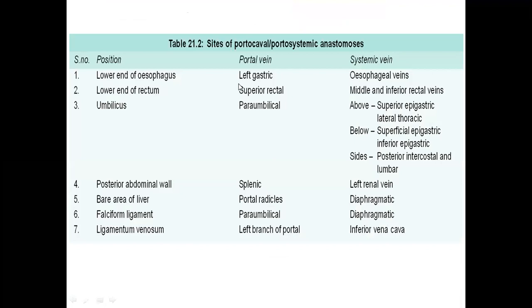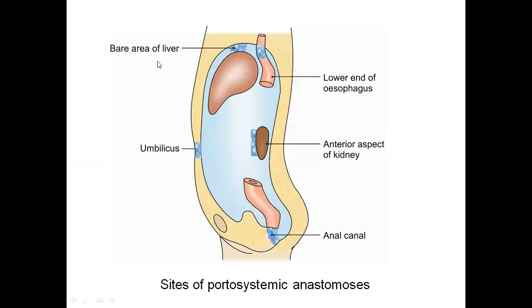These are the various positions where we have the portocaval anastomosis, and the tributaries of portal vein and systemic vein are given, which I have already discussed in detail. This is one more picture showing portocaval or portosystemic anastomosis around the umbilicus, at the bare area of the liver, lower end of the esophagus, retroperitoneal, that is anterior aspect of kidney, and anal canal.